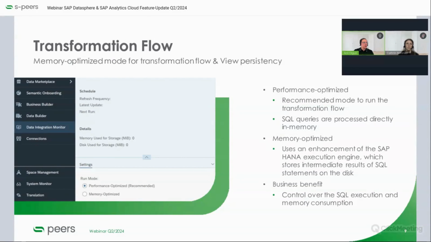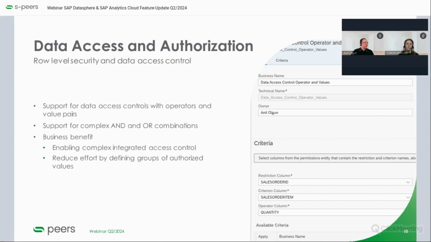Now the last feature update. We are leaving the world of transformation flow, and here is the new feature update for data access authorization. This is about extending the data access controls with the support of complex Boolean operators and their combinations.